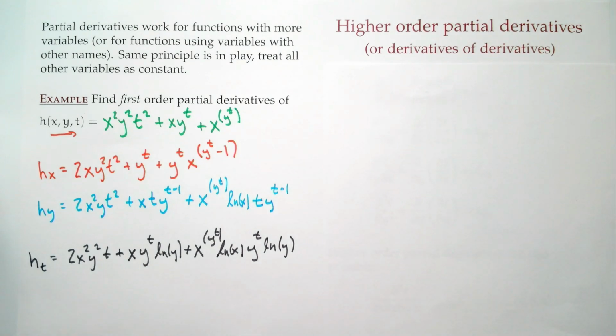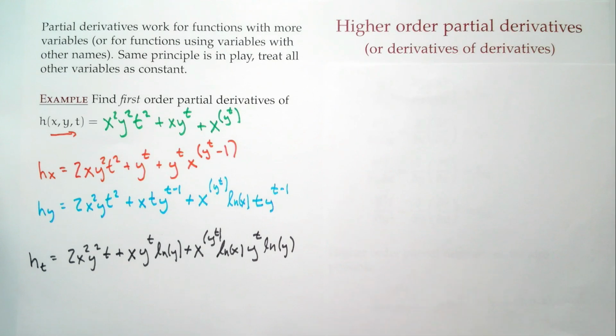In fact, that might be a useful thing for us. We saw, for instance, when we talked about things like motion, that if we took a second derivative, we got acceleration. And also we learned when we took a second derivative, we could learn about what's called concavity. And there were wonderful things like a second derivative test. And so it might be good to have some of these higher order derivatives.